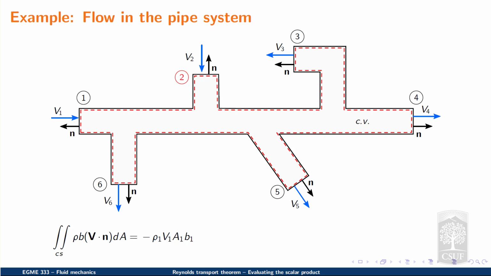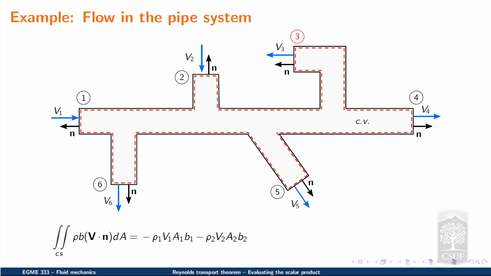When we look at point 2, in a similar fashion, we see that the local velocity vector V sub 2 is pointing in the opposite direction of the local unit vector little n. So just as in point 1, at point 2 we can conclude that this corresponds to an inlet. So we subtract rho 2 times V2 times A2 times b sub 2.